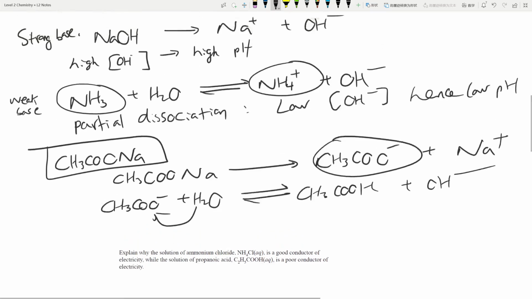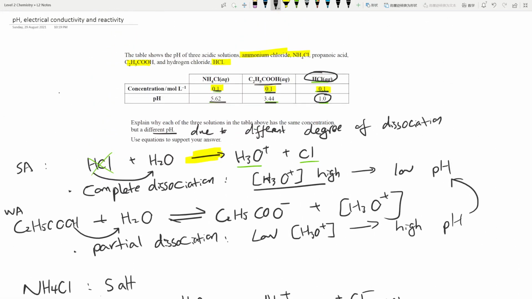So when you're talking about this particular type of question, sometimes they give you the pHs like we see in the table. Sometimes they give you 3 pHs and ask you to assign, and in that case I wouldn't expect you, which would be really unfair, to know that the NH4Cl is a weak acid compared to C2H5COOH.